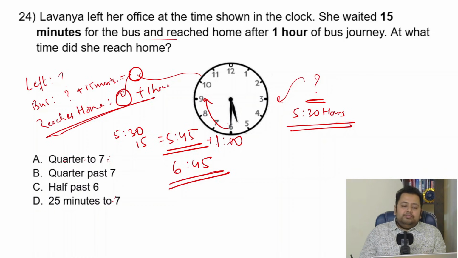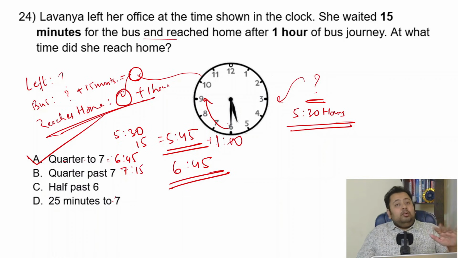Quarter to 7 is actually 6:45, so option A is your correct answer. Don't confuse it with quarter past 7. Quarter past 7 is 7:15. Something to 7 is like it is yet to happen. So quarter to 7 means 15 minutes to 7, I mean, after 15 minutes it will be 7.